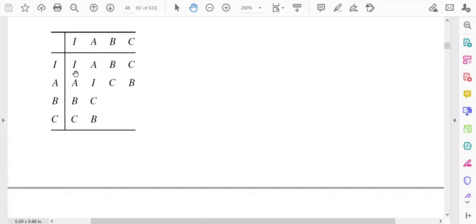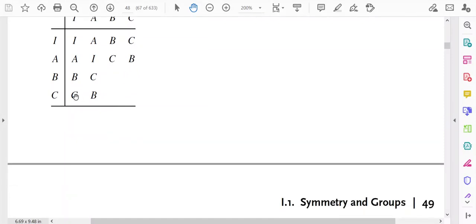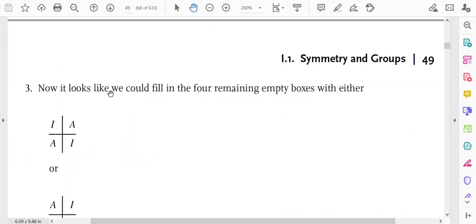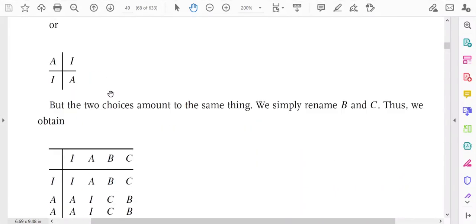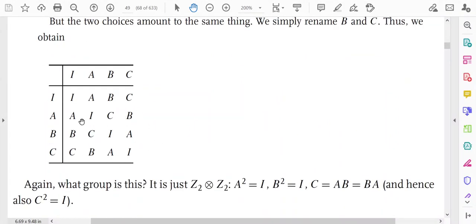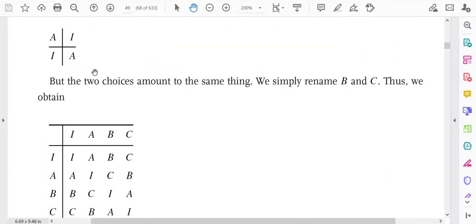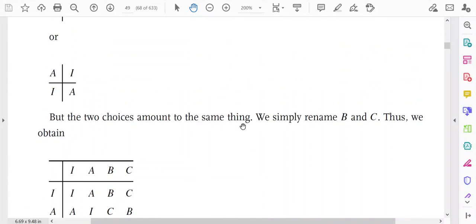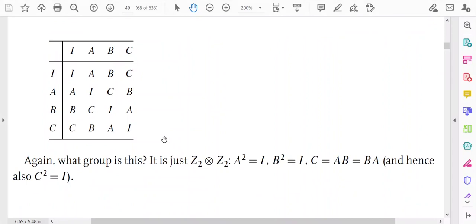If you look at this particular portion, this is IAAI, and here it is BC and CB. Here is also BC and CB. So from the symmetry condition, we can write it IAAI. So then it will look like this one. Because these two choices amount to the same thing, we simply rename B and C. Thus we obtain this one, IA, A and I.